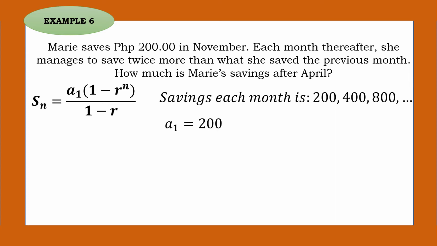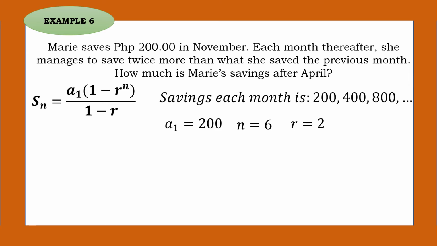So in this case, the first term is equal to 200. The number of terms is 6, since the number of months from November to April is 6 months. And the common ratio is 2 because she manages to save twice more than what she saved the previous month.